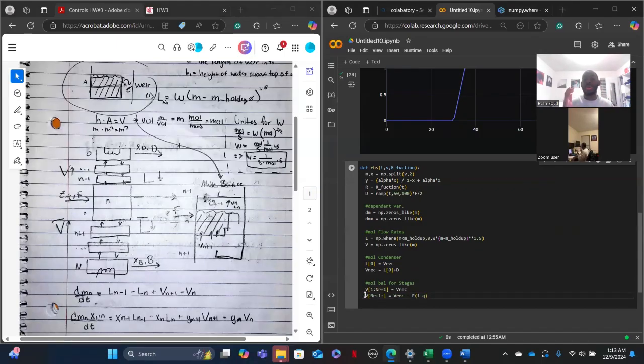So now we have our condenser, and now we can go to our stages. From our stages, we can now state that these are just our VREC. This is our rectifying stage because this is just all vapor coming from the rectifying stage. Then from our stripping stage, we also have to incorporate the feed. So from this, we have to subtract the feed because that's the liquid. So we have our rectifying vapor, because remember all the vapor is coming from our reboiler.